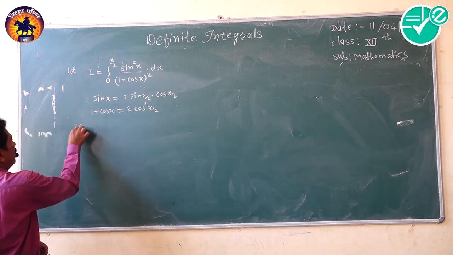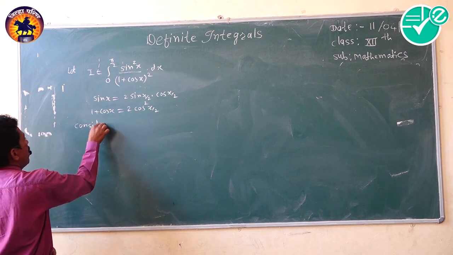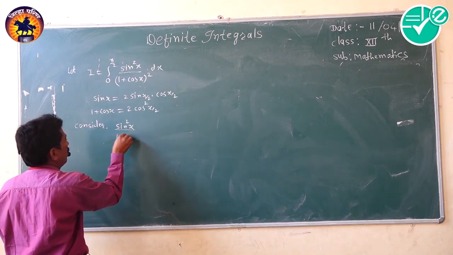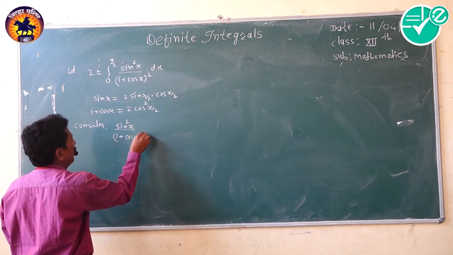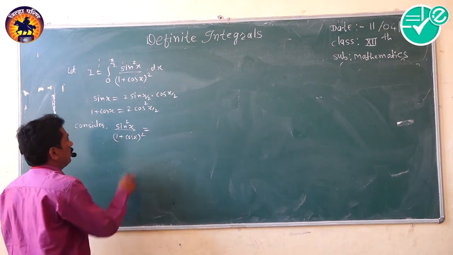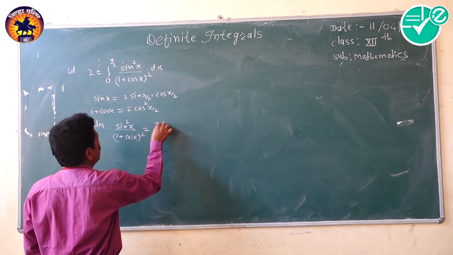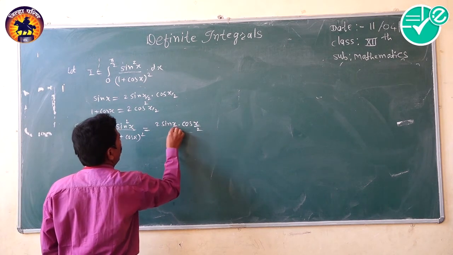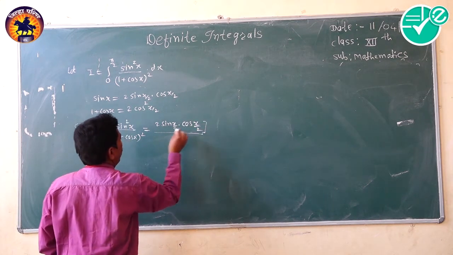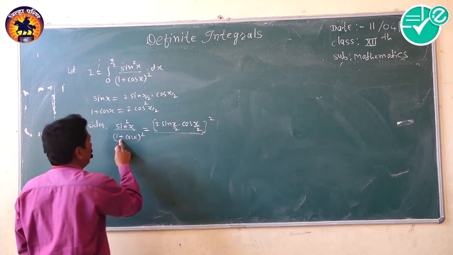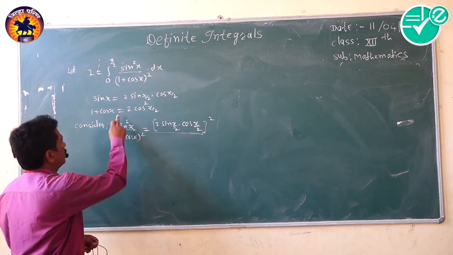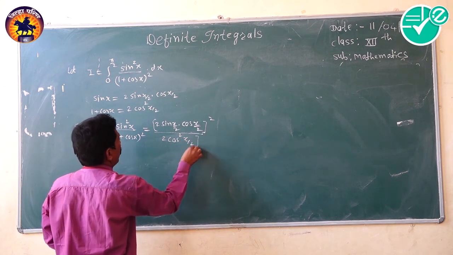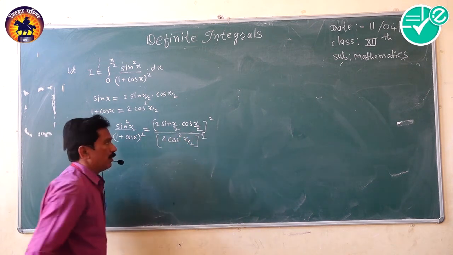Therefore consider this sin square x upon (1 plus cos x) whole square is equal to (2 sin x by 2 into cos x by 2) whole square divided by (2 cos square x by 2) whole square.